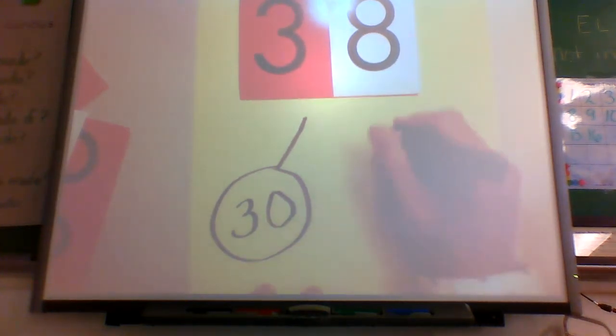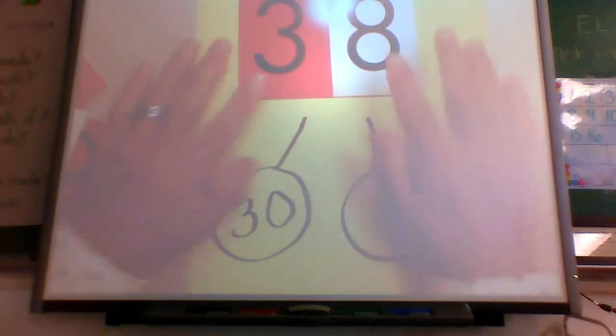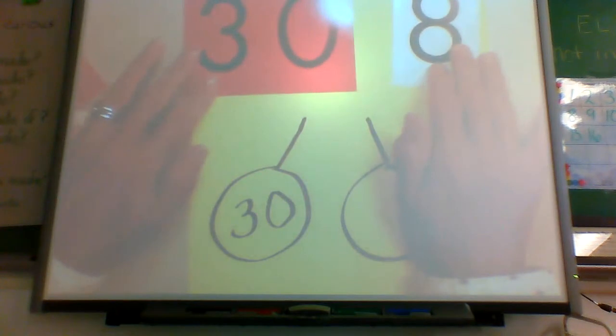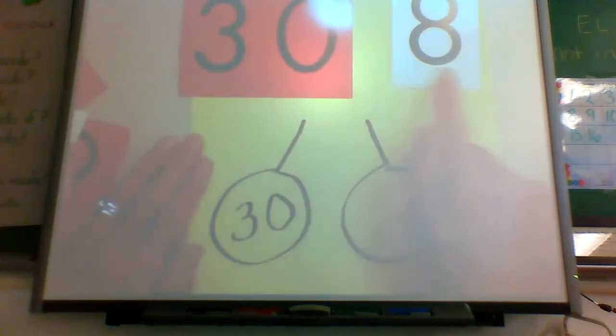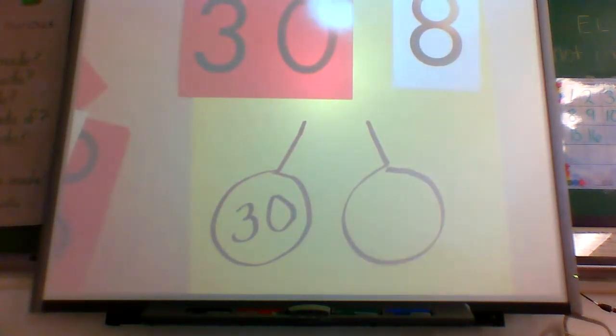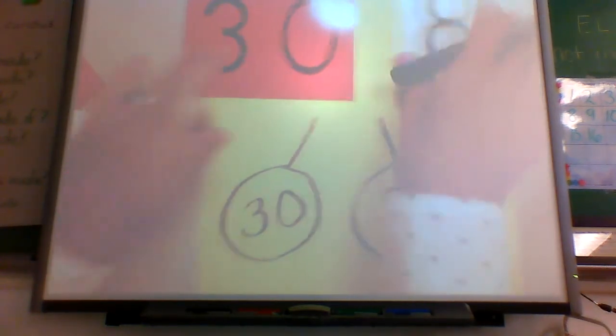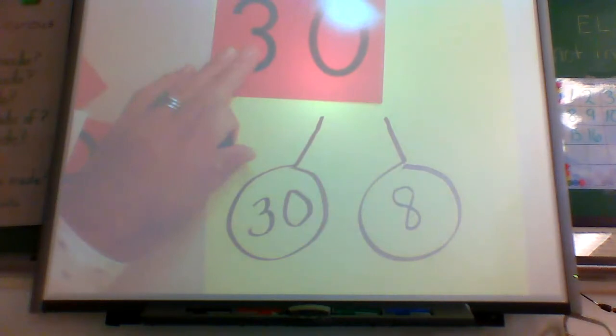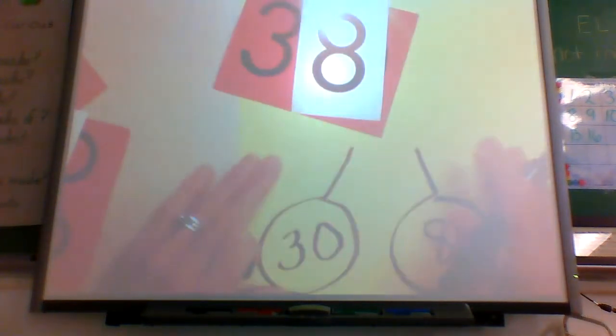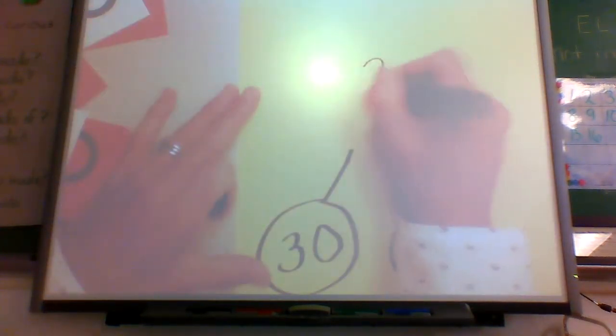Let me draw that other circle. If I slide my 8 away, what do I have? I have 30 and 8. So my other part is 8. 30 plus 8 equals 38. So there's my whole.